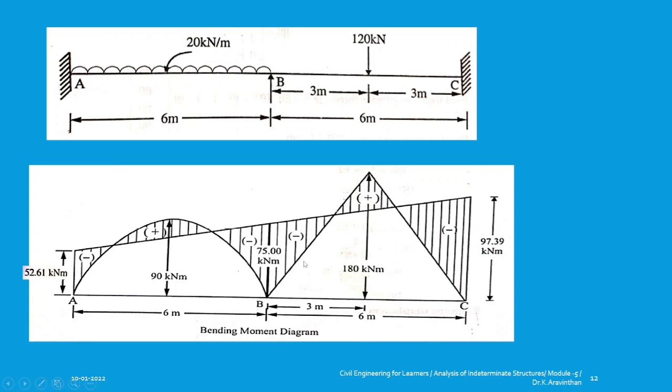So you can understand that for finding negative bending moment we will be using a number of techniques. It might be the slope deflection method, moment distribution method, flexibility method and stiffness matrix method, whatever might be, you will be using different techniques. These are the different techniques used to find negative bending moment only.